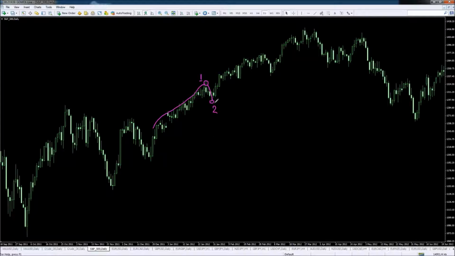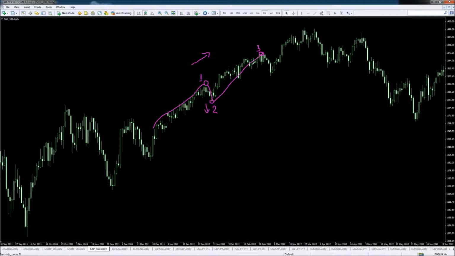We can expect a continuation to the upside from point number 2 up there to point number 3, whereas 1 and 3 are the directional waves. Wave number 2 is the corrective one to the downside.